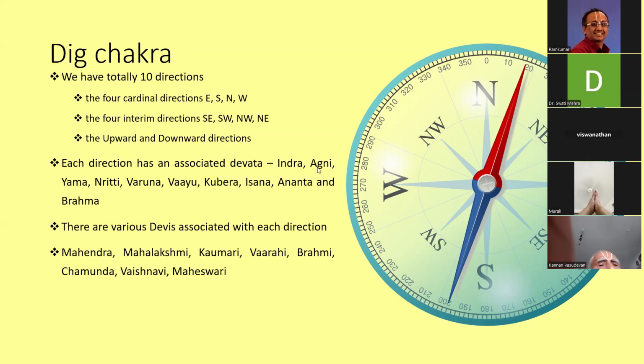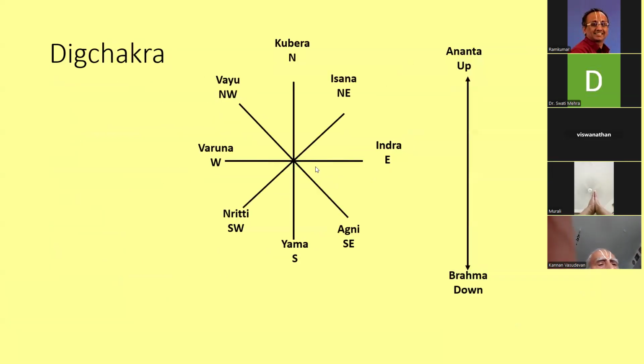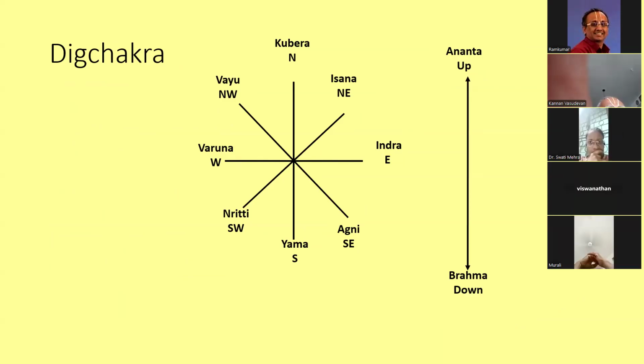Is it Ananta or Brahma? Up is Ananta and down is Brahma. So if you want to represent it, you can represent it pictorially like this, right? So this is an important picture. This is one chakra, Dik Chakra. This is something which you already know in a different fashion. But now redo it in this fashion and keep it. Okay.